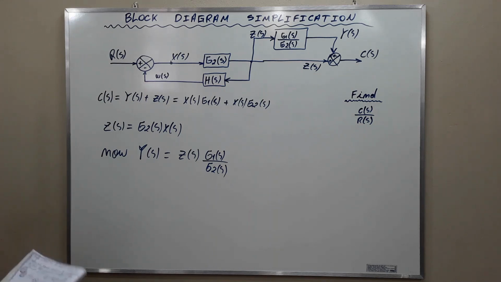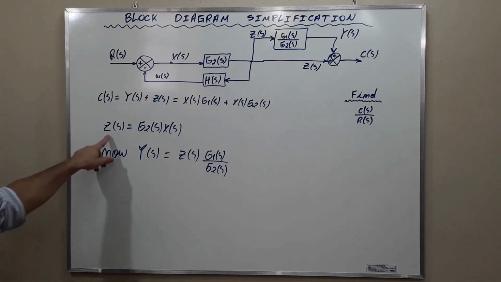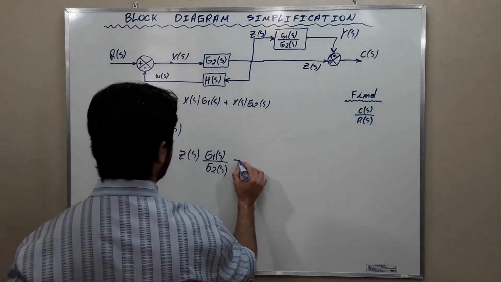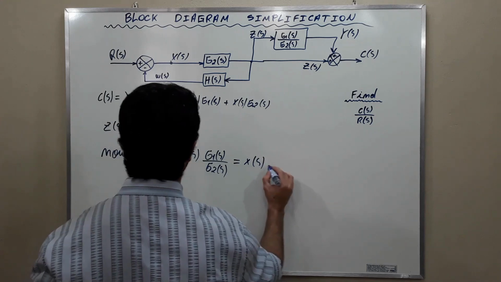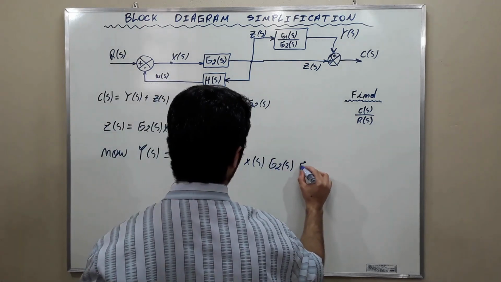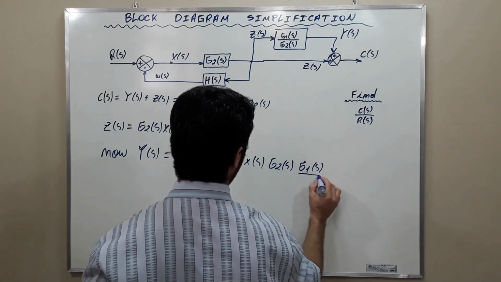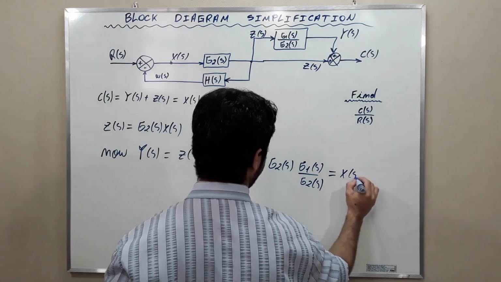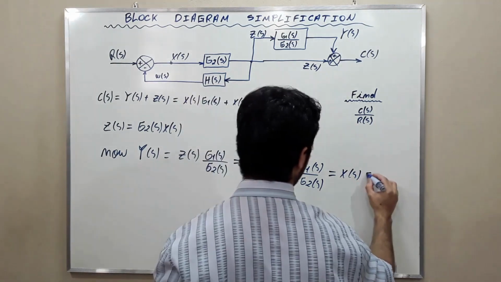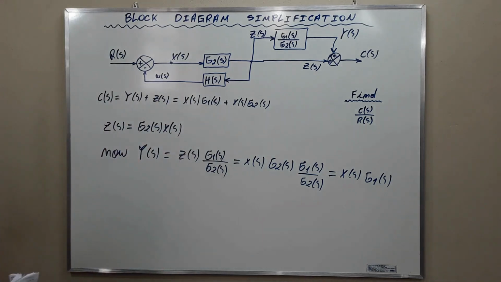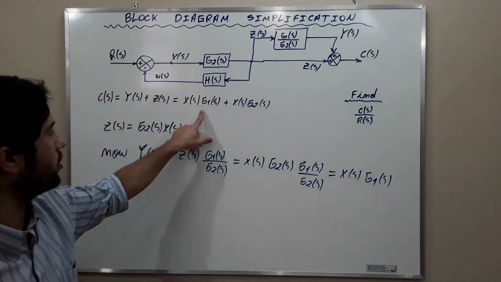Therefore, we are going to substitute Z of S here. Y of S is equal to X of S times G2 of S times G1 of S over G2 of S, which is equal to X of S times G1 of S. As it was before.